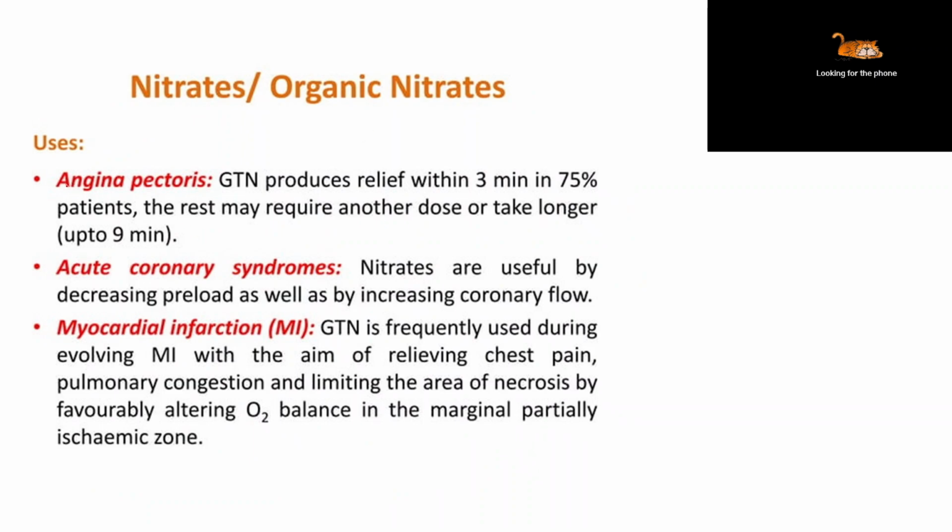Usage, if you see, where it is used: in angina. GTN, the short form for nitroglycerin, produces relief within 3 minutes. Within 3 minutes it starts providing relief from the chest pain. 75% of patients may require another dose, or take up to 9 minutes.